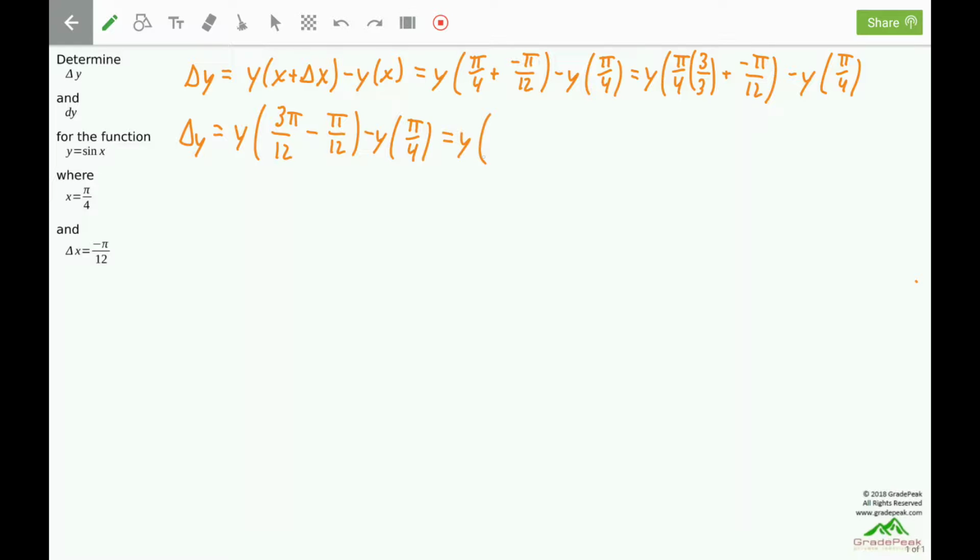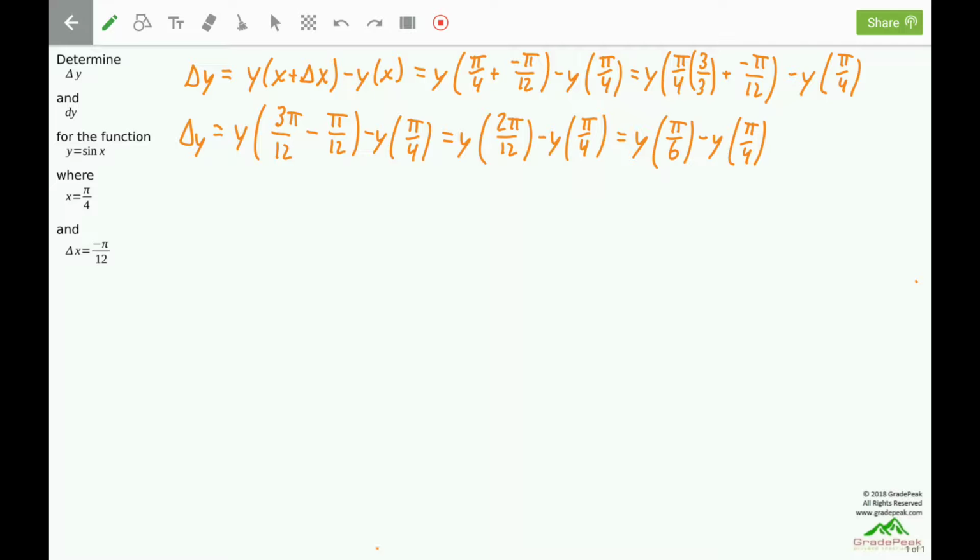So we have y of 3 pi minus 1 pi, which is 2 pi over 12, minus y of pi over 4. And 2 pi over 12 can be reduced by 2 to become pi over 6. So y of pi over 6 minus y of pi over 4.